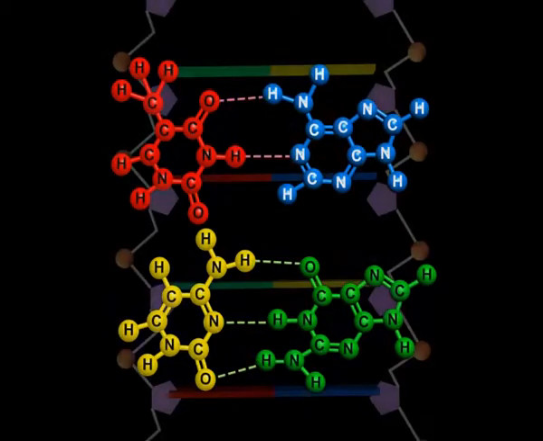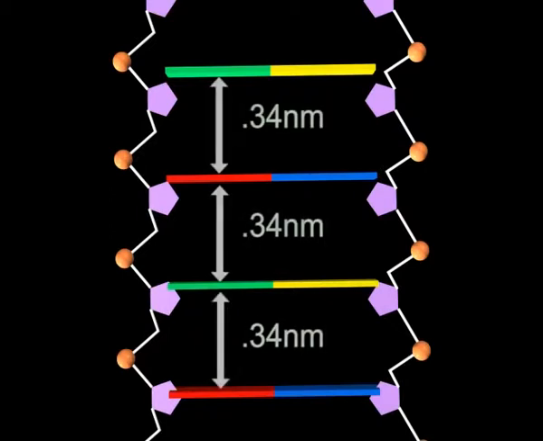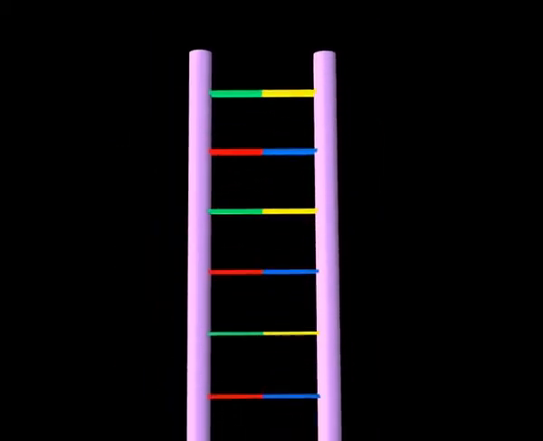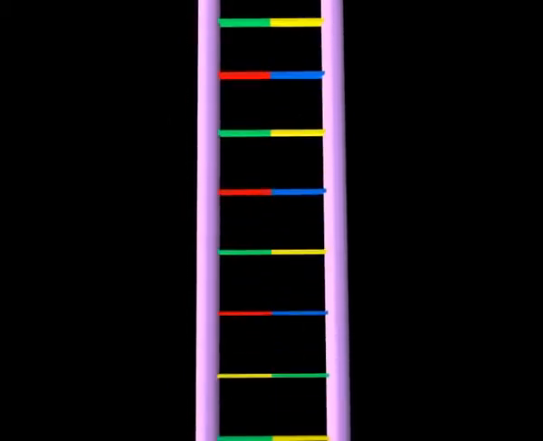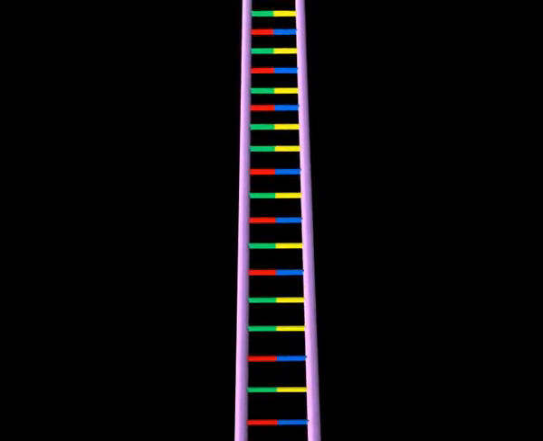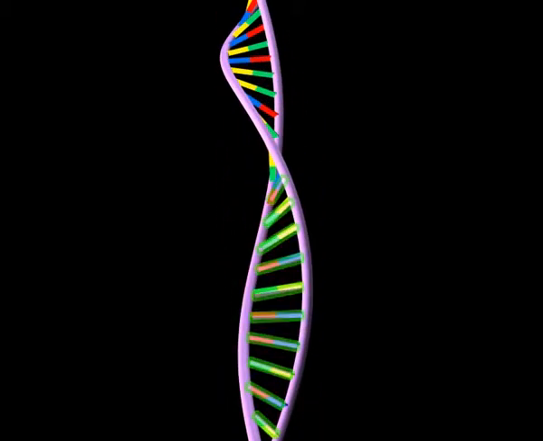The distance between two successive base pairs is approximately 0.34 nanometer. Each turn of the double helix covers a distance of 34 nanometer, thus containing 10 sets of base pairs.